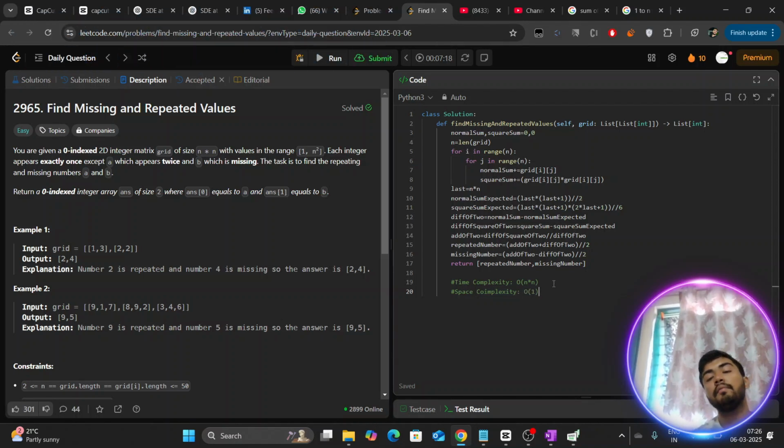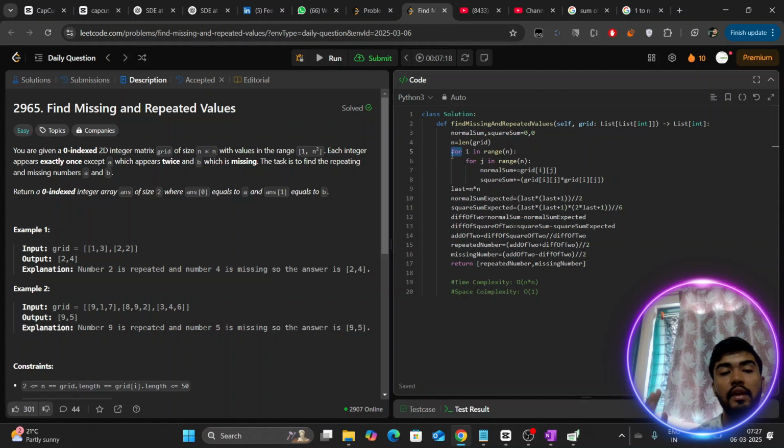Yeah, so this can be solved with two more approaches, where space complexity is big O of n square and time complexity is still big O of n square only. That is where you put all the elements into a set or something, or maybe you can use a map, where you store the frequency of each number.